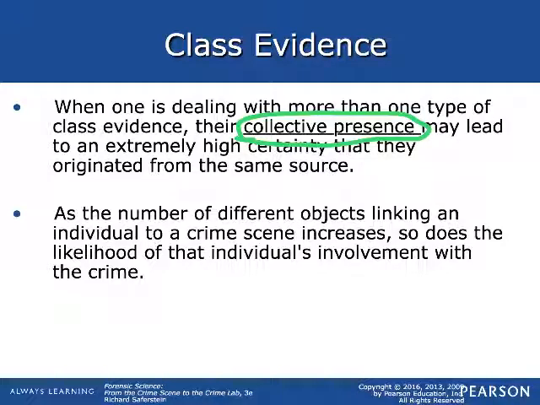So if you have Uggs, and then they had blonde hair, you can layer things up, and that helps. As the number of different objects linking an individual to a crime scene increases, so does the likelihood of that individual's involvement in a crime. So you're just adding pieces of evidence together. You can't just use one piece.